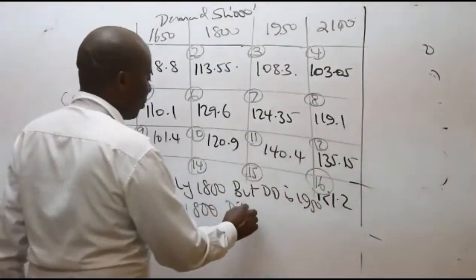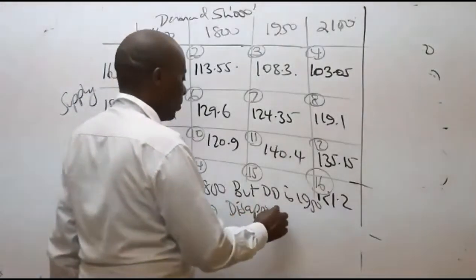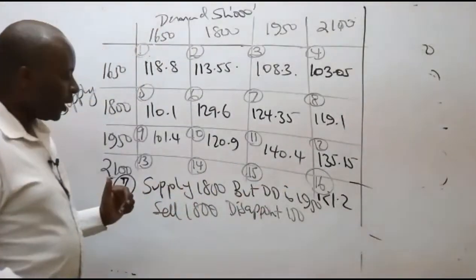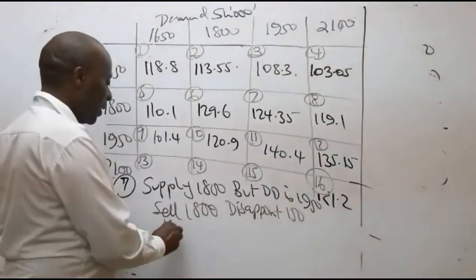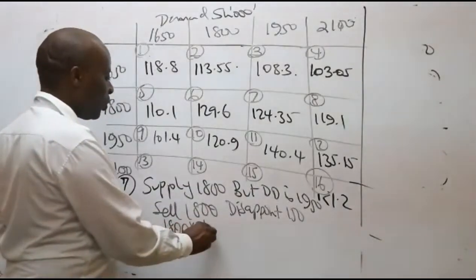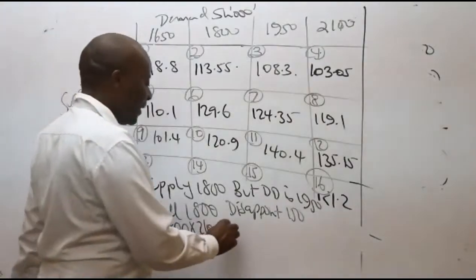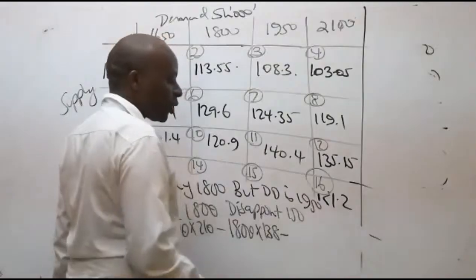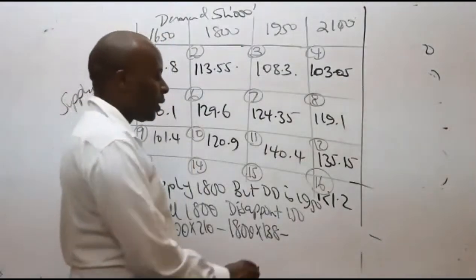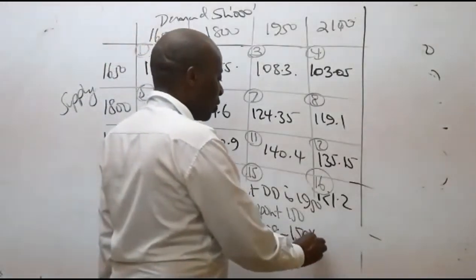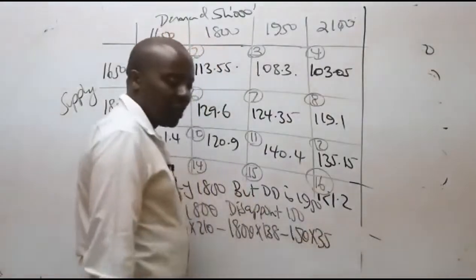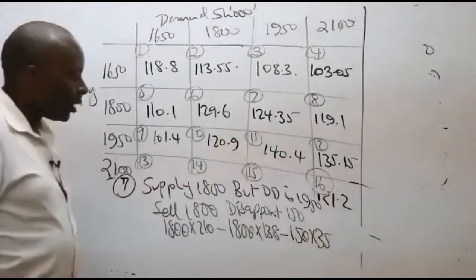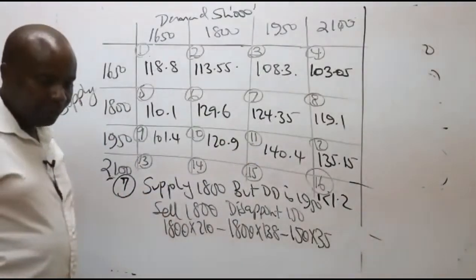Here it's about disappointments. Disappoint 150, the difference between the two. So my selling will be 1800 times 210 minus 1800 times 138 minus the cost of disappointing these 150 customers. So 150 times 35. Could you kindly confirm that cell number 7 is 124.35?